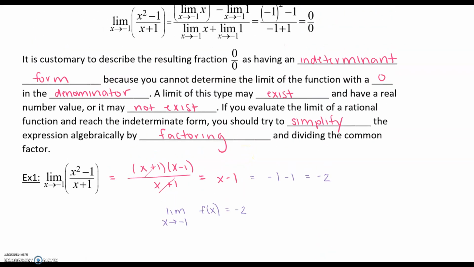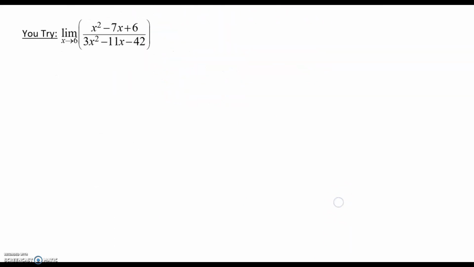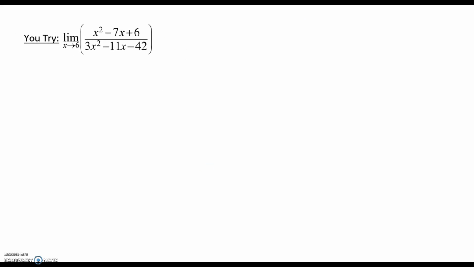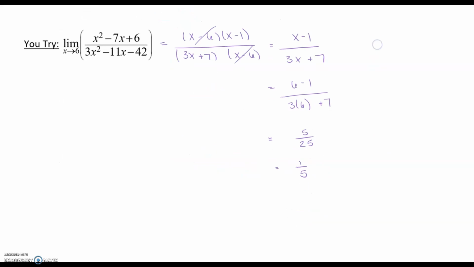Okay, so for direct substitution, you should try to direct substitute and see if it works, and then if it doesn't, see if you can factor. So you guys try to do this. I'm going to pause the video and do the work, and then hit play once you're done. Alright, so this is an indeterminate form, so you have to factor, and then once you factor, you can cancel your x minus 6 factors.